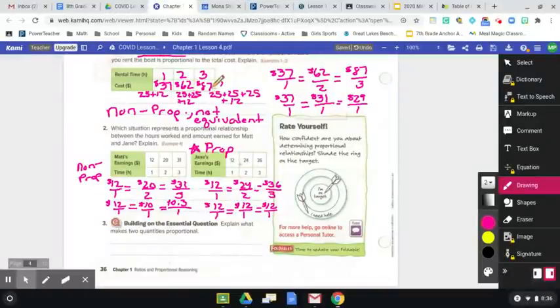Okay, so you're going to try a few. I think between yesterday and today, both videos, we've done quite a few examples of tables that are considered proportional or not proportional. You've seen both. And I've gone through and I've shown work on how you determine if they are a proportional or non-proportional relationship.